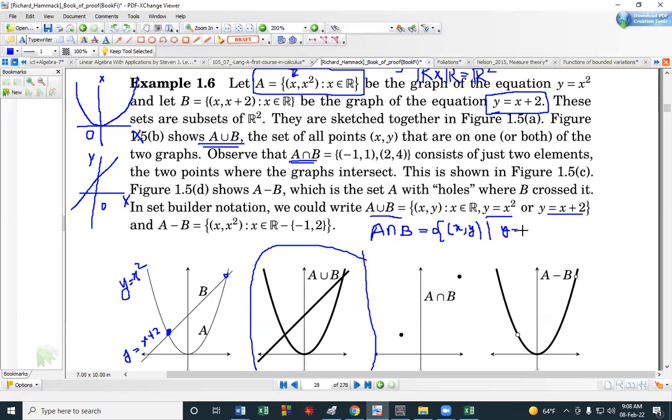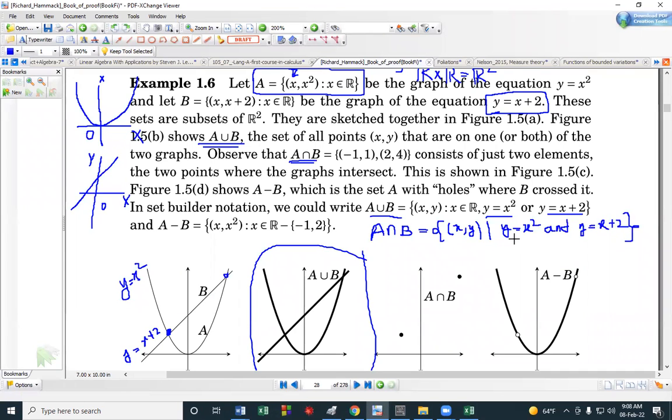y equals x square, and instead of or it would be and, y equals x plus 2.